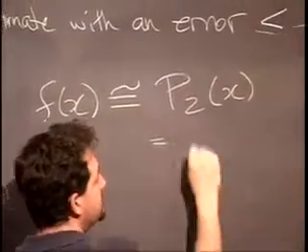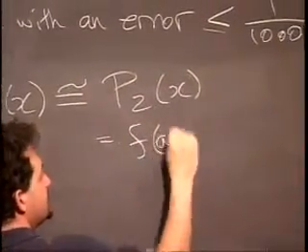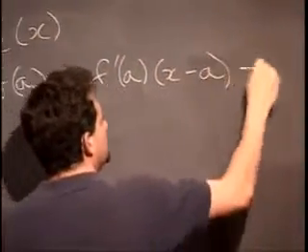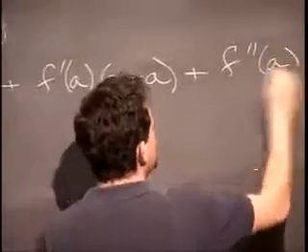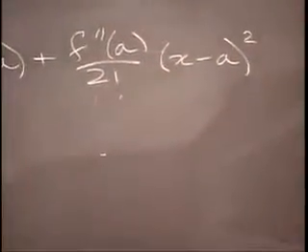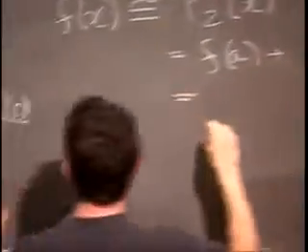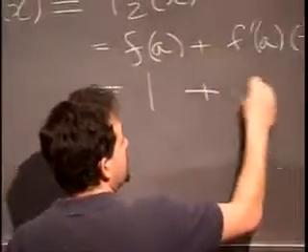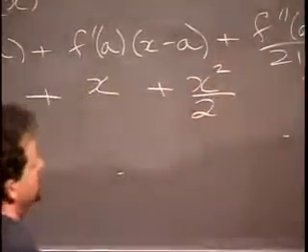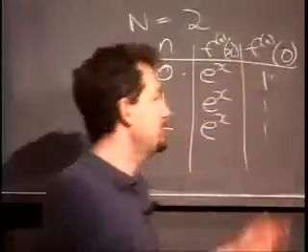And p2, again, is f of a plus f prime of a times x minus a, plus f double prime of a over 2 factorial times x minus a all squared. And in this case, a is 0, this is 1, this is x squared over 2 factorial. And that's exactly what we've seen before.